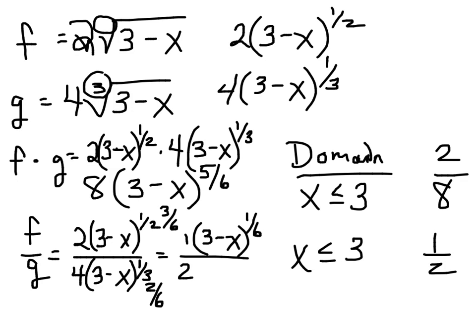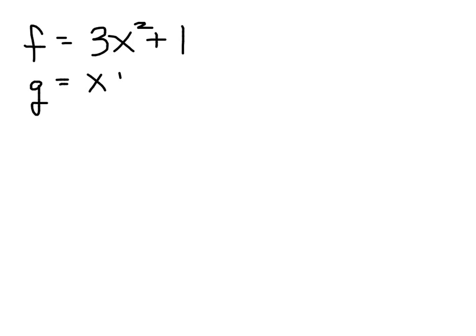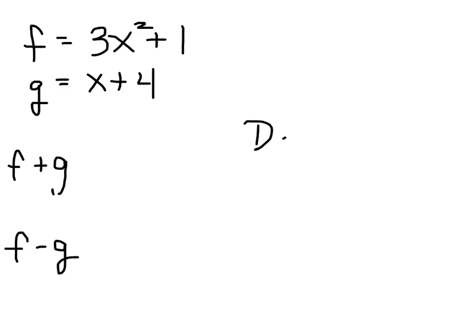29. The F machine is 3x squared plus 1, and the G machine is x plus 4. First, find F plus G. Second one, find F minus G. Domains. And then when we plug in the number -5. This one's different than the last one.